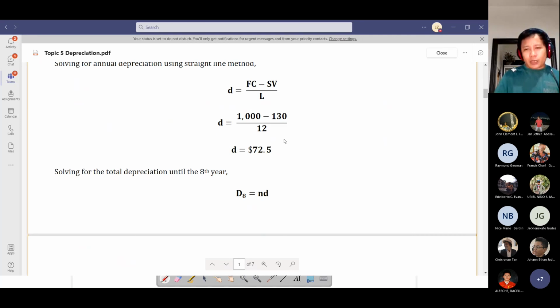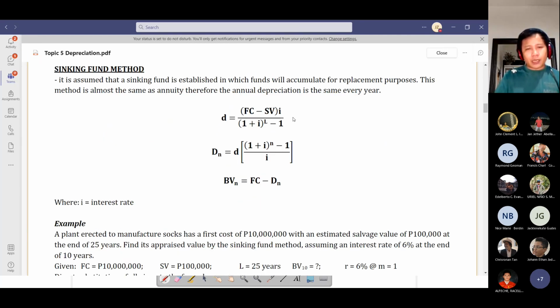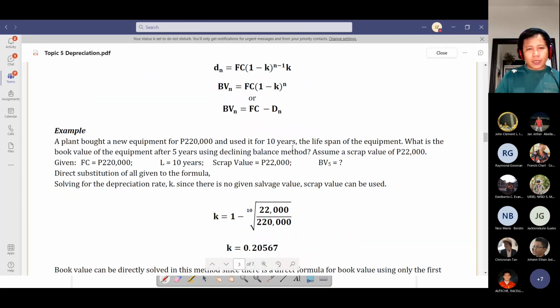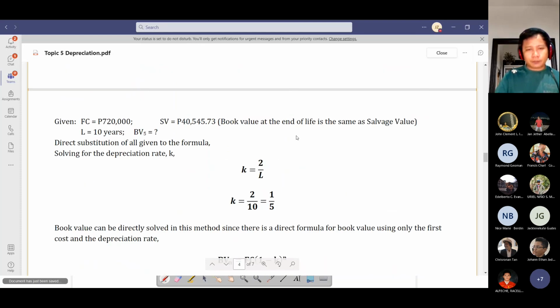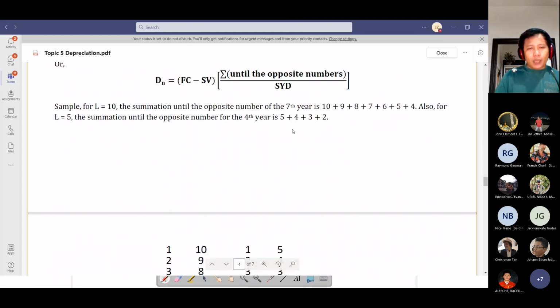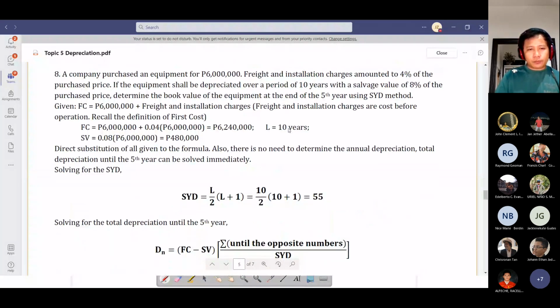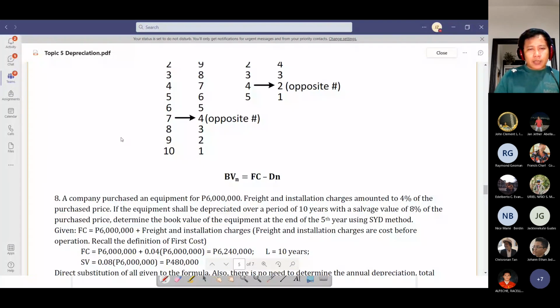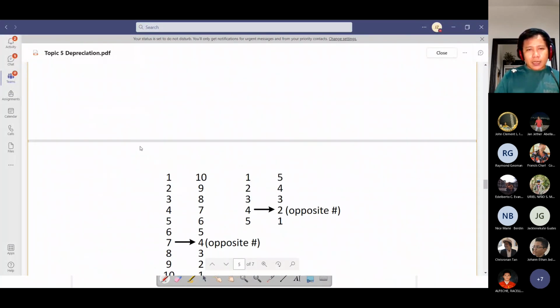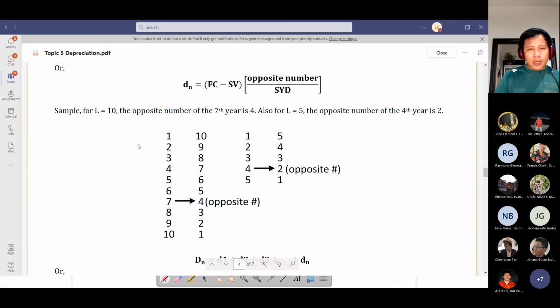Now, we'll have another sheet work. Another sheet work. Now, I want you to take this example in the SYD method.